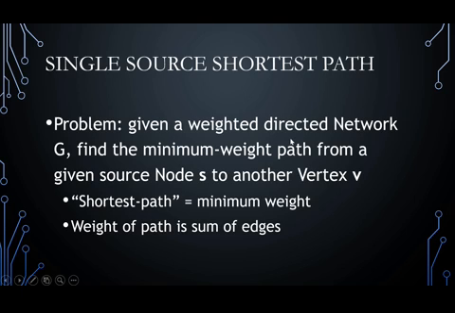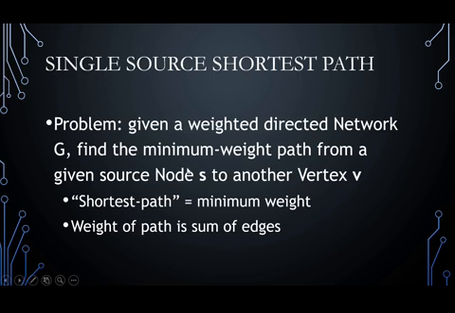So given a directed or an undirected weighted network called G, we are supposed to find out the minimum weight path or the shortest path from a specified source or a given source node S to all other vertices V or all other nodes V.